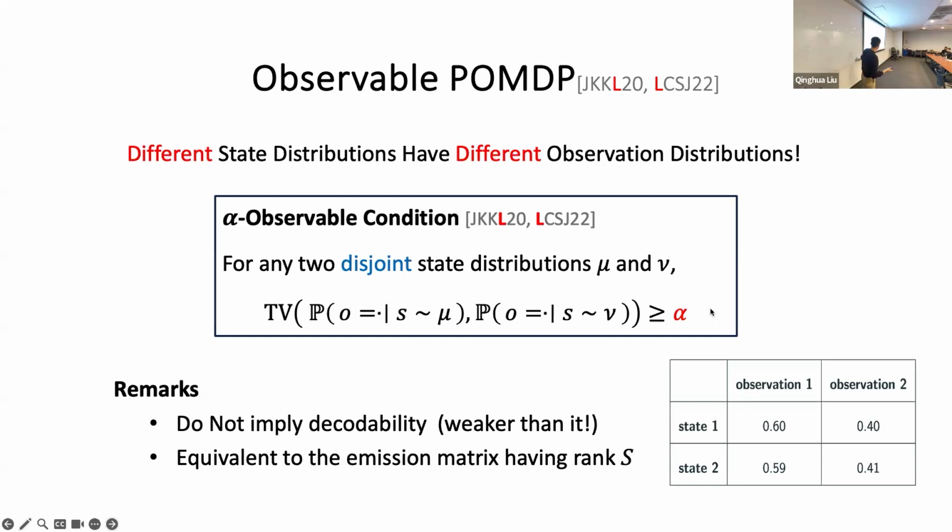In this example, it satisfies the observable condition, but you can never decode your underlying hidden state. Another remark is that mathematically, this condition is equivalent to saying your emission matrix has rank S, where S is the number of different hidden states.